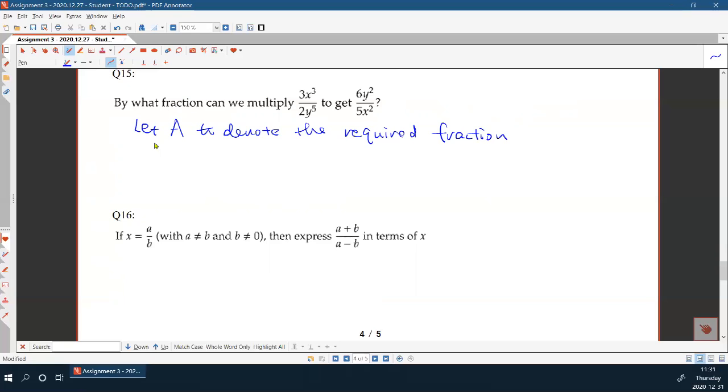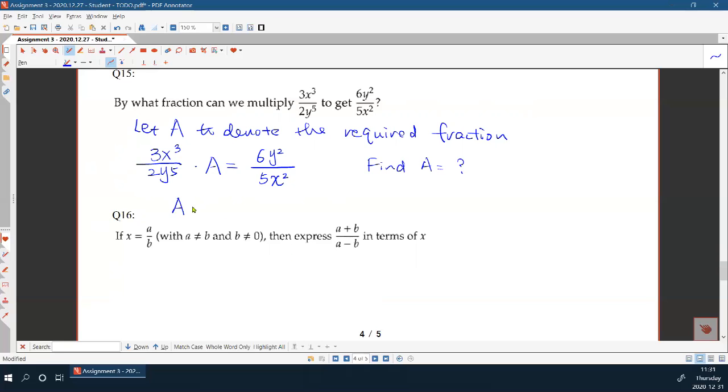Then A is what you want to have. The question tells you that if you multiply this term by A, you can get 6y squared over 5x squared. The question becomes: find the value of A.